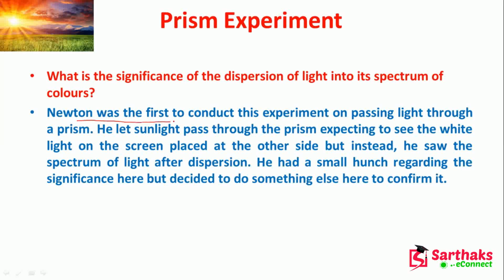Newton was the first person who conducted this experiment of passing light through a prism. He let the sunlight pass through the prism, expecting to see white light on the screen placed on the other side of it. But he saw a spectrum of light after the dispersion.